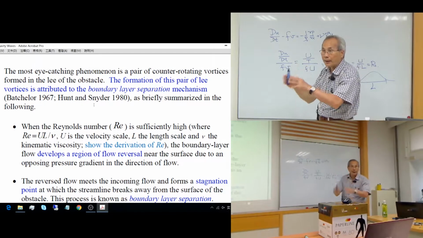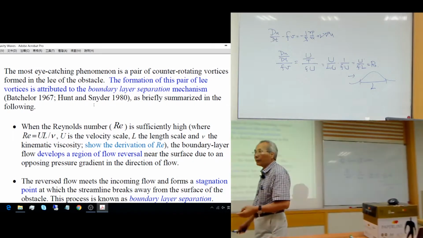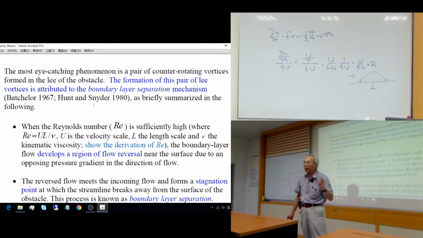A simple one, we call it molecular viscosity. Of course, a lot of things are not explained by molecular viscosity, but it's a simple form like that.